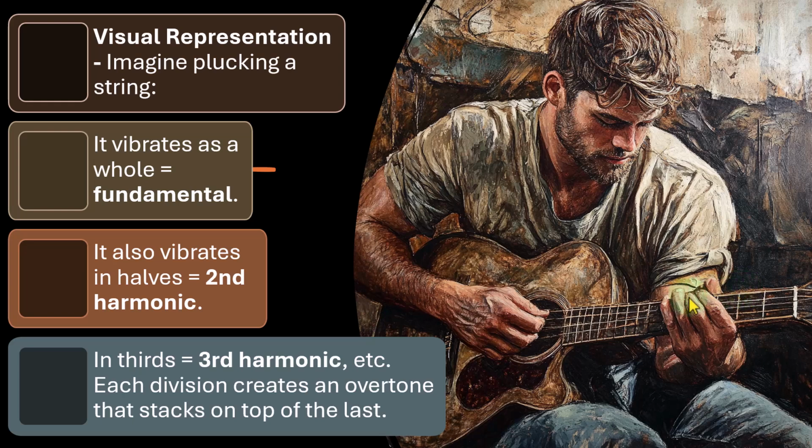Now, of course, if you were to put your finger on the fretboard, what are you doing? You are, in essence, plucking a shorter string. That's all we're doing. So what's going to create the sound on the guitar? The length of the string and the thickness of the string is going to change the vibrations.